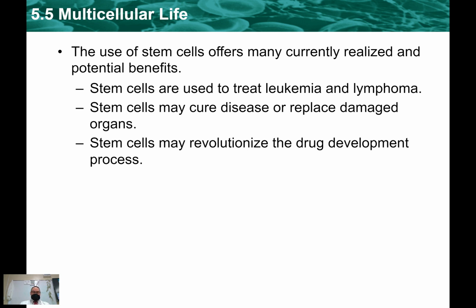So it's a, I don't want to say it's a slippery slope, because we'd be there as soon as you would allow it. But this is why stem cells are ethically perilous. And that's it for Chapter 5.